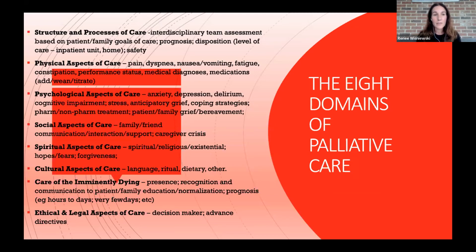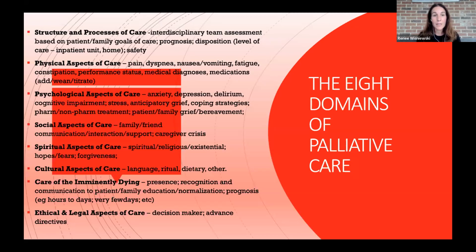Another domain of palliative care is the social aspects of care, connecting with family, friends, looking at the communication, interaction, and support a patient has, and then also helping with caregiver crisis. So it's not only a burden to be the patient, the person with the chronic illness, caregiver distress and burnout is quite prevalent among people who care for patients with chronic illness.